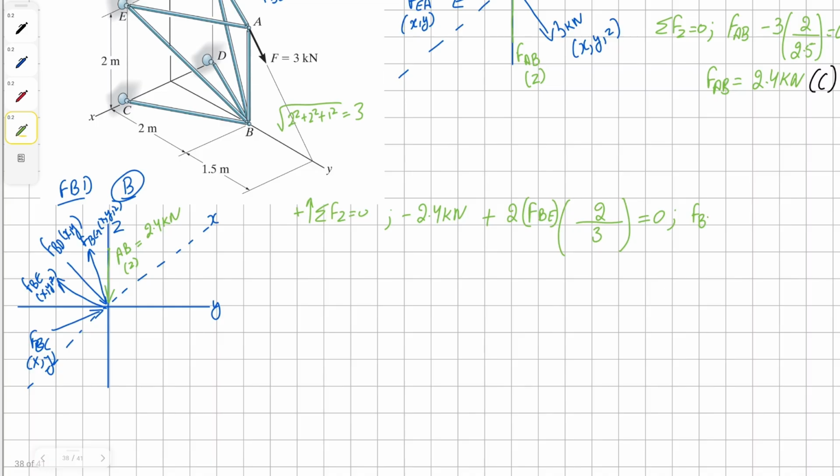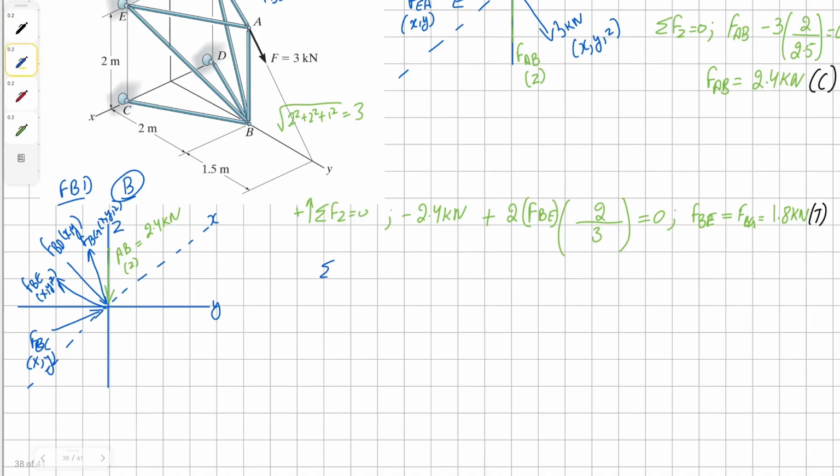Solving for force BE and BG, we get a solution as positive 1.8 kilonewton. And since it's positive, our vectors tell us that this member is in tension.